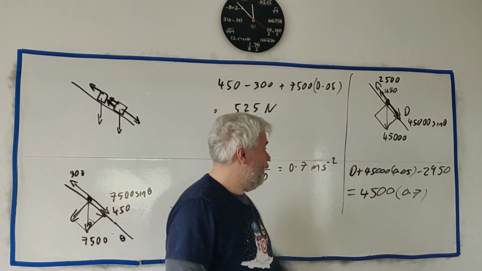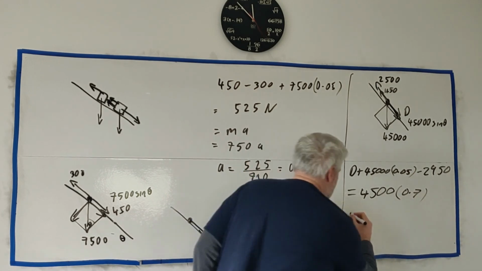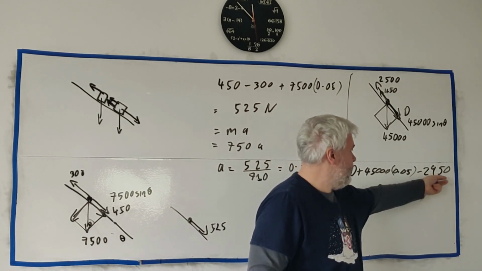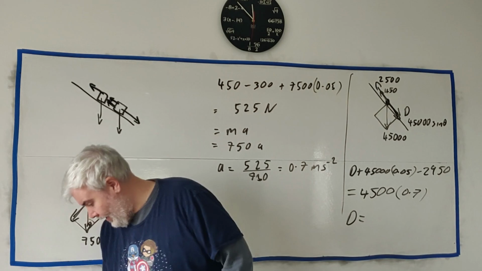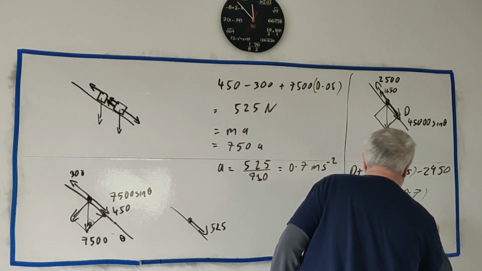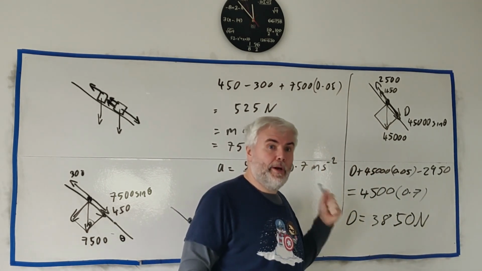There's only one unknown in this whole equation. Move all of these over this side. And let's see, we'll get D is equal to this plus this minus this. And all of that put together is 3,850 newtons. Okay, let me clear this off and we'll do part B.